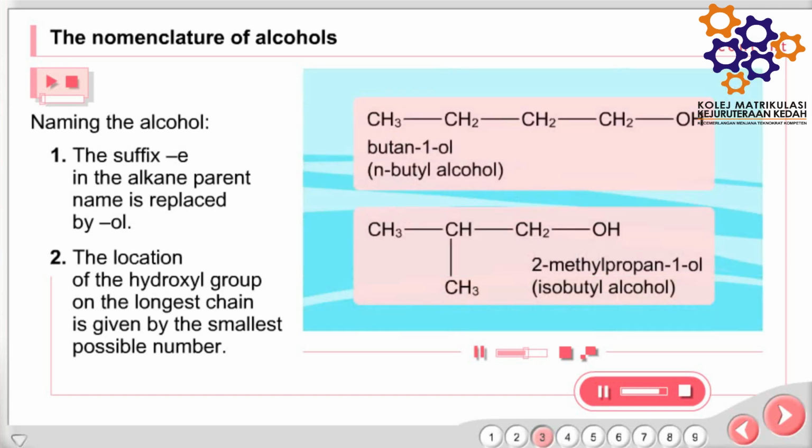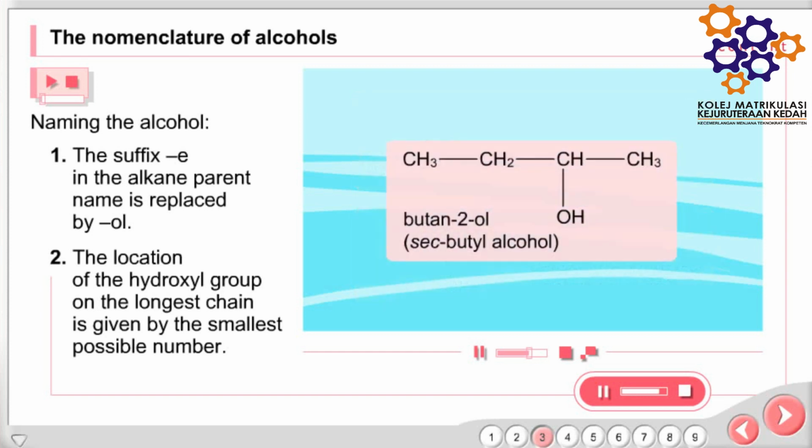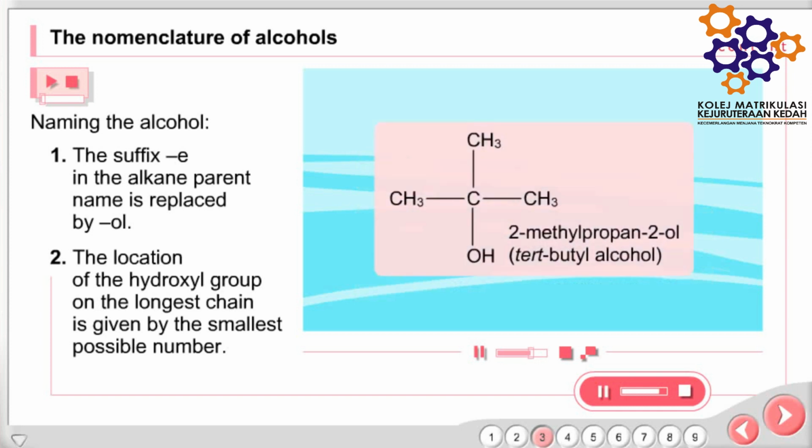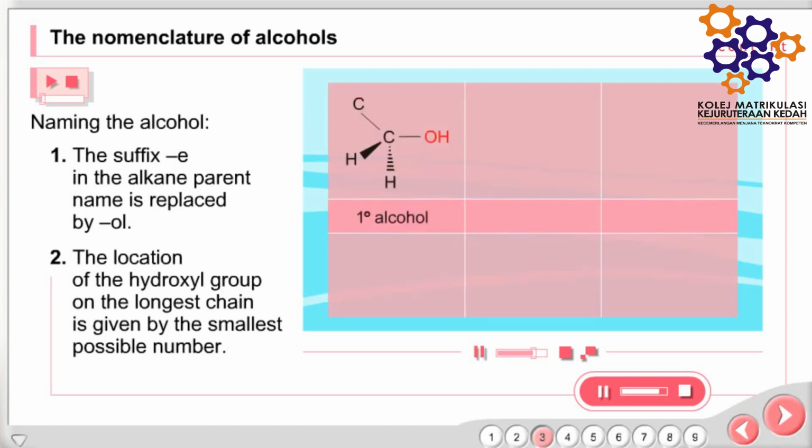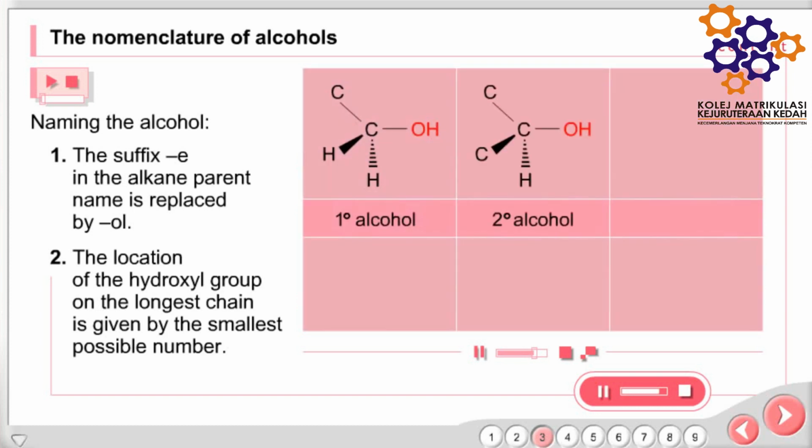Notice that both butan-1-ol and 2-methylpropan-1-ol contain a hydroxyl group on the primary carbon atom, while butan-2-ol has the hydroxyl group on the secondary carbon, and 2-methylpropan-2-ol has it on the tertiary one. Alcohols are classified as primary, secondary, or tertiary, according to the type of carbon atom bound to the hydroxyl group.